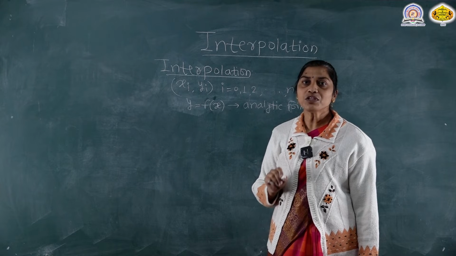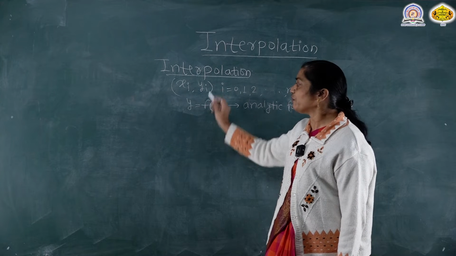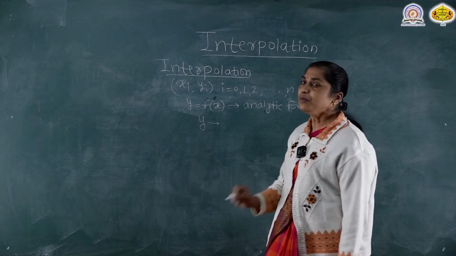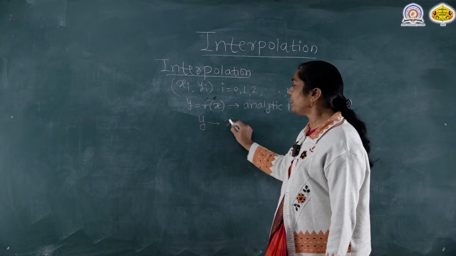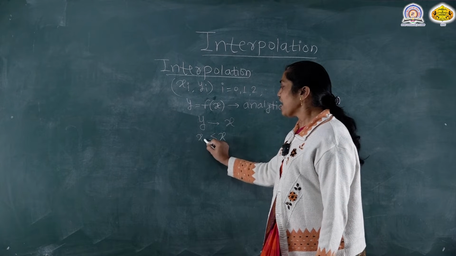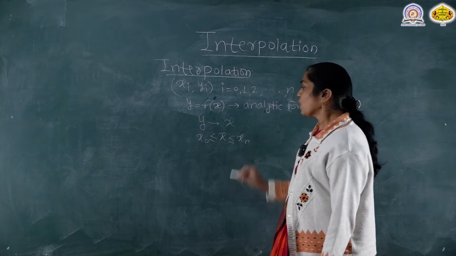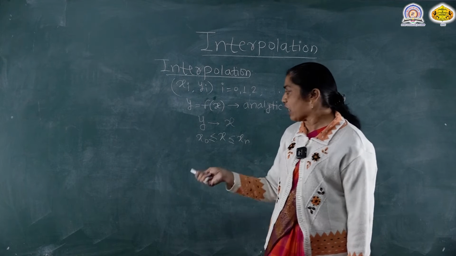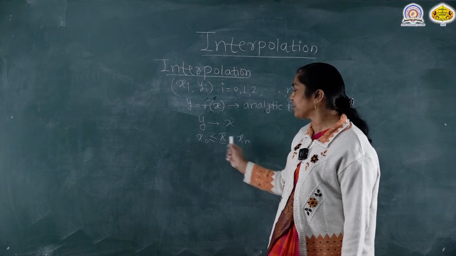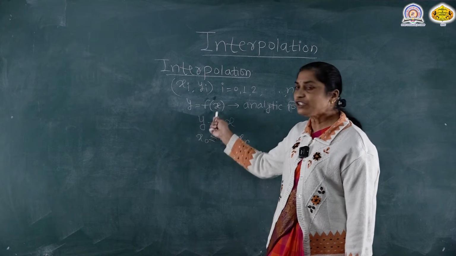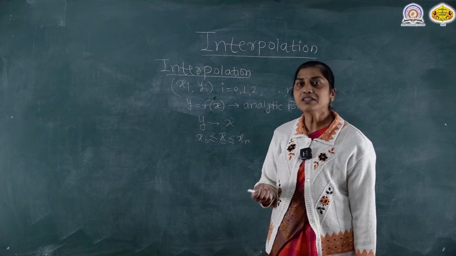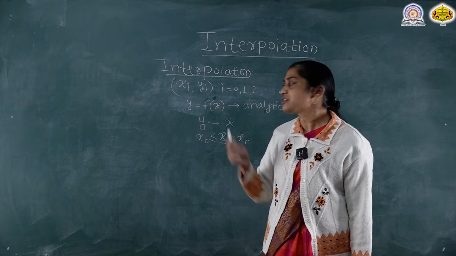If the analytical form is not known, we want to estimate the value of dependent variable y at some intermediate value of independent variable x, that is x lies in the range x0 to xn.